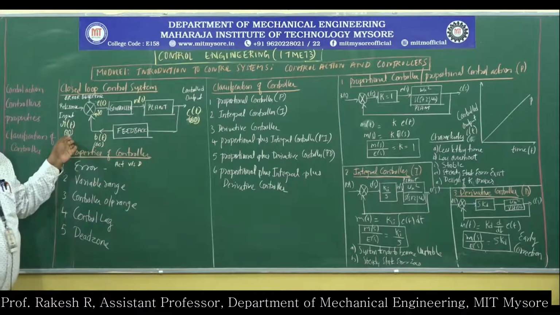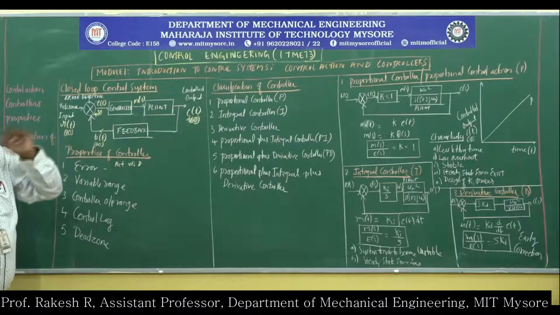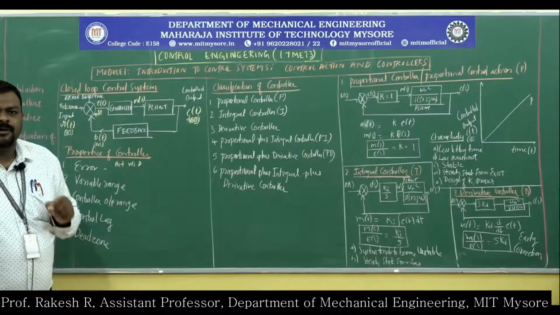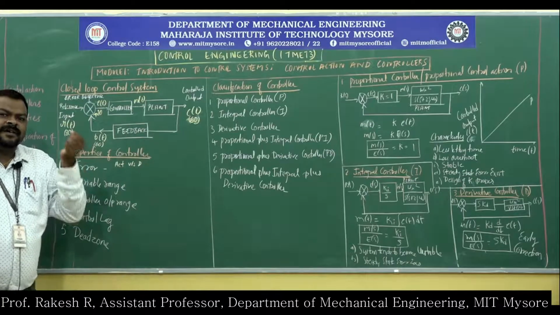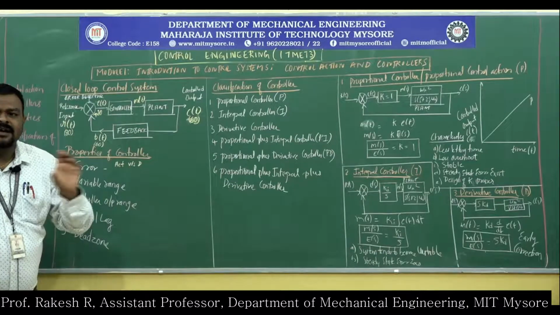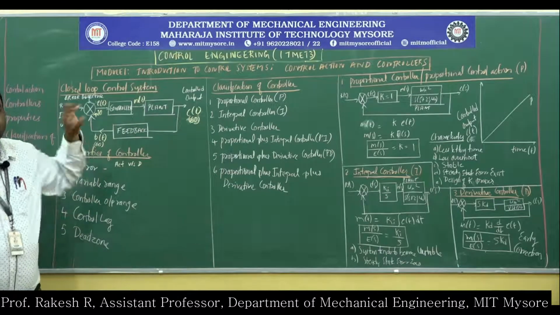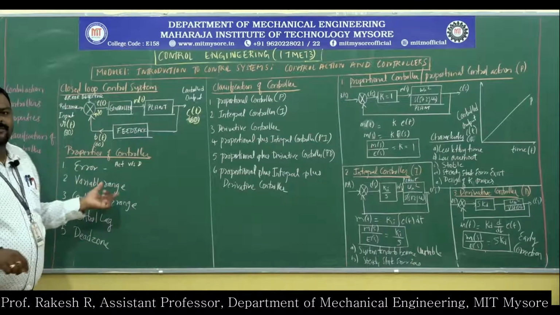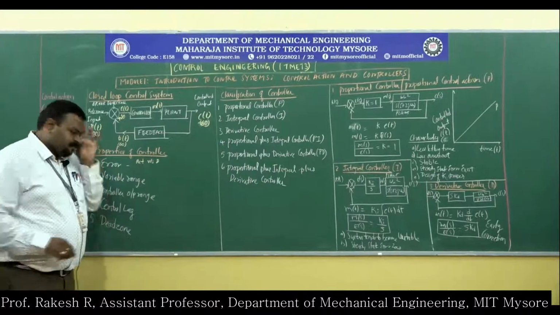Instead of 80, if it is 90, again different. Instead of 80, if it is 60, again it is different. So the controller should be capable of determining the range in each cycle and has to adjust with the reference input signal. So that is one of the important factors in variable range.